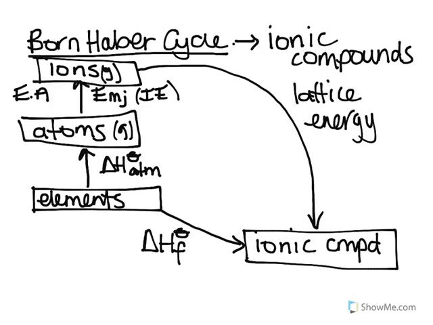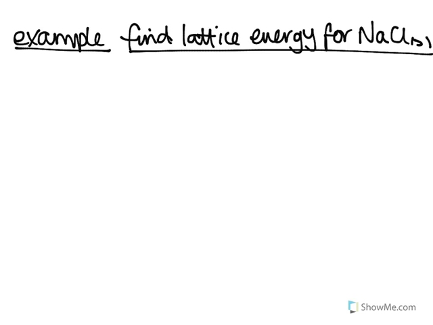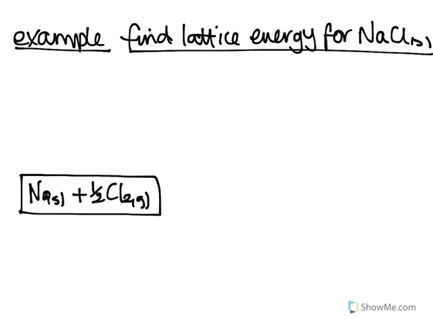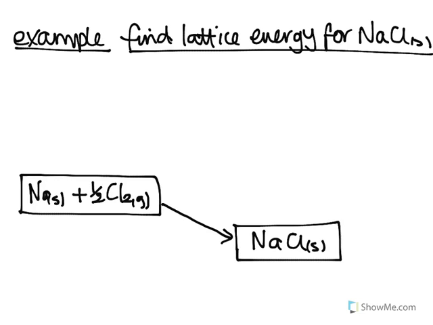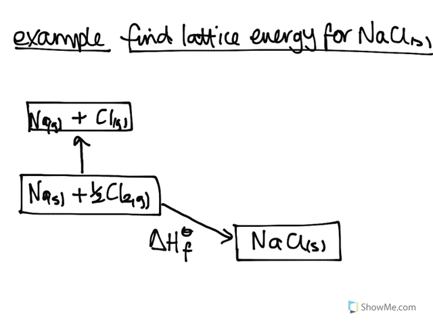So if we look back at the general structure where we have elements going to atoms, going to ions, and then coming around to ionic compound, we can do this for sodium chloride. So we start here with the elements, and then we could do delta HF to form 1 mole of sodium chloride, or we can go this way around and form 1 mole of gaseous sodium atoms and gaseous chlorine atoms.